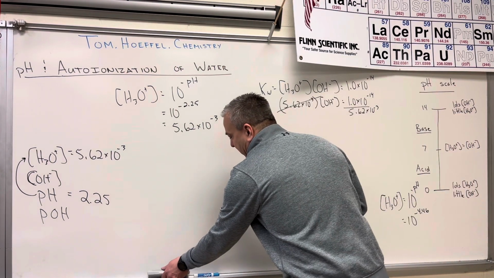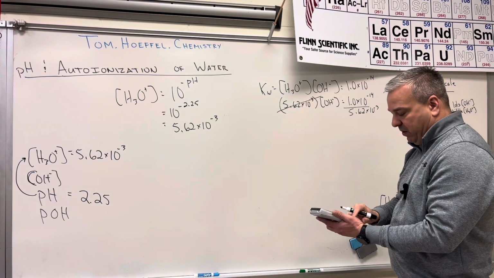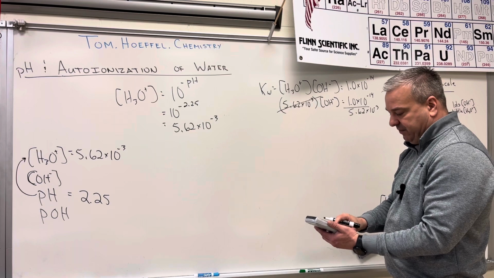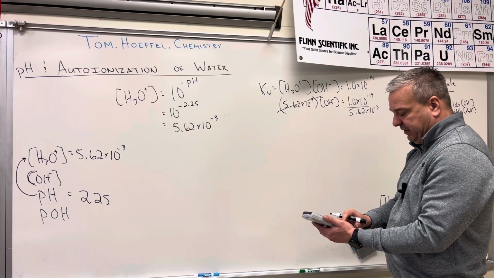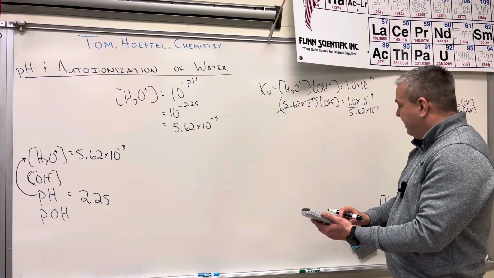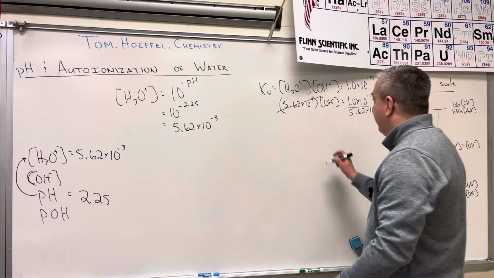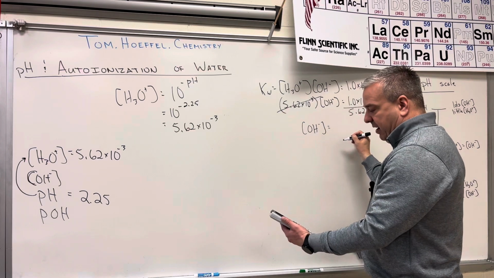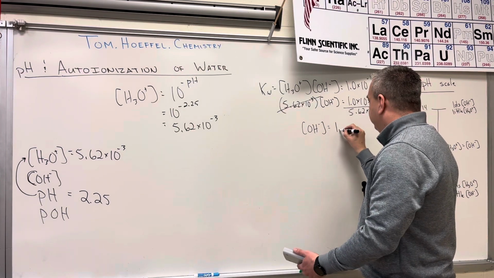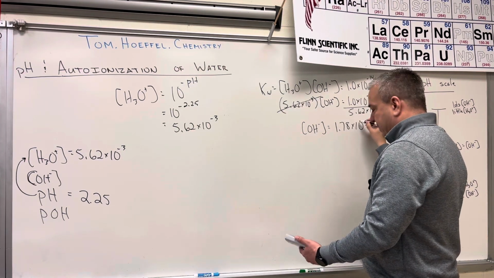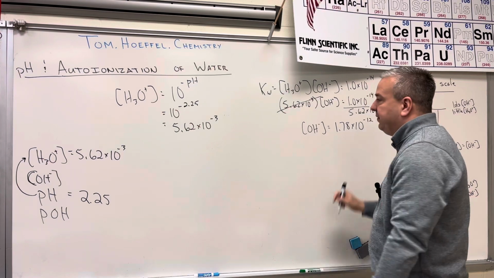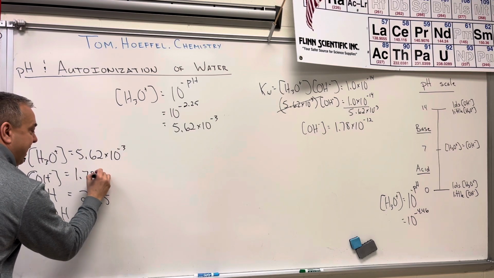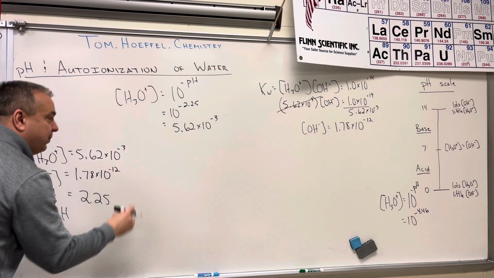So I do 1 times 10 to the negative 14 divided by 5.62 times 10 to the negative 3, and I get my hydroxide ions to be 1.78 times 10 to the negative 12.